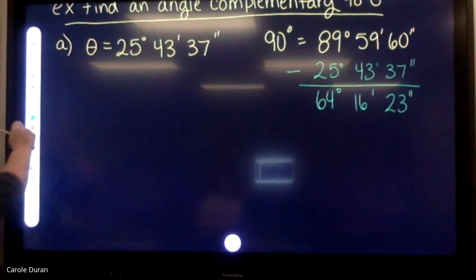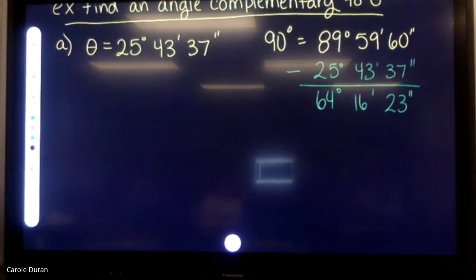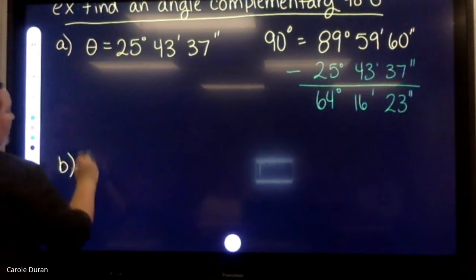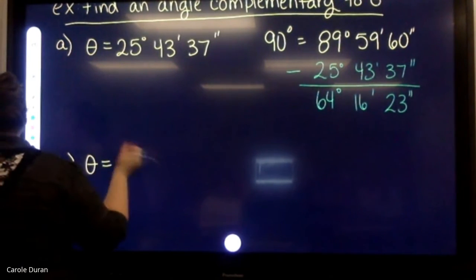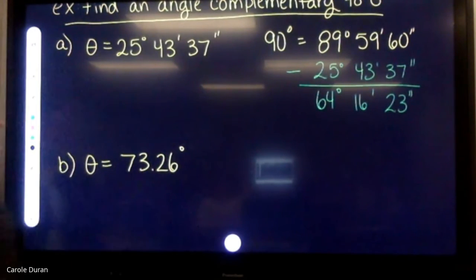So let's say that instead of being given to us as degrees, minutes, and seconds, our theta was given to us as a decimal. So let's say I have 73.26 degrees, and my goal is to find an angle that is complementary to that theta.